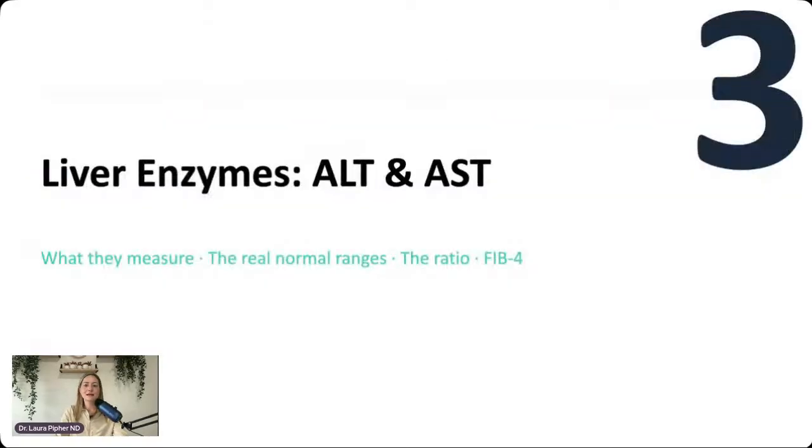Next up is the liver enzymes. A lot of people think of the liver as the organ that processes alcohol, but the liver does about 500 different jobs. It filters your blood, it makes proteins, it produces bile for digestion, it stores glucose, it breaks down medications. I also want to note your liver processes supplements. When I talk to patients who are on 5 million supplements for reasons I can't understand, right?